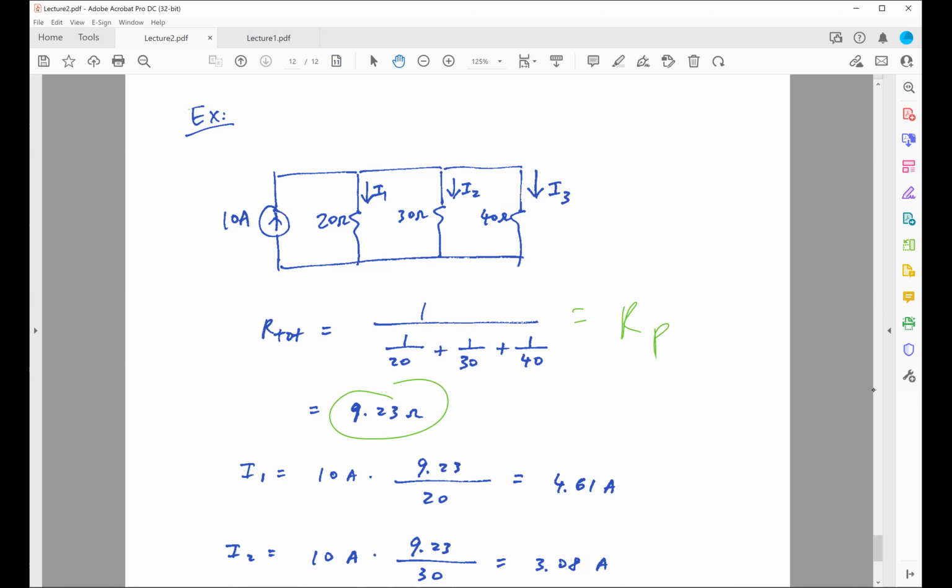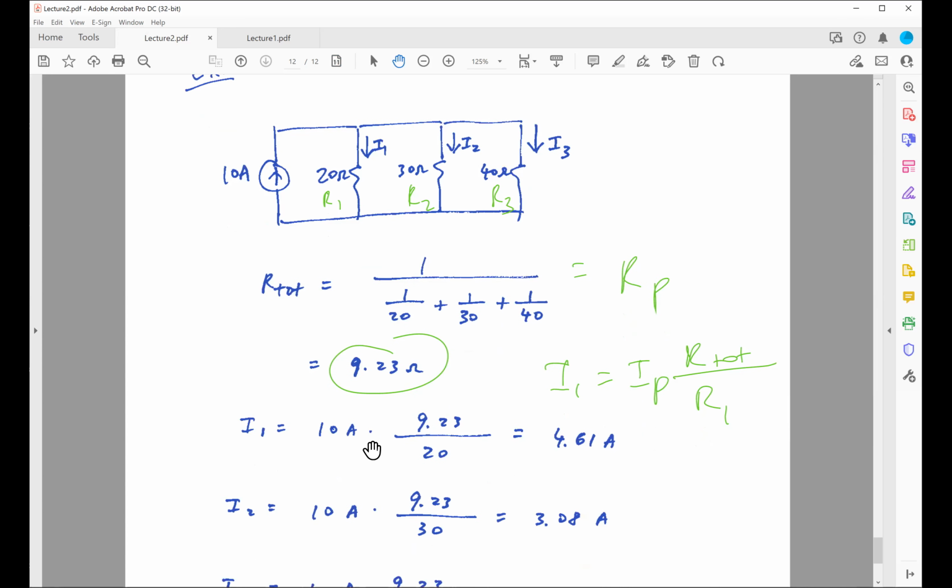And using the formula, I1 is going to be IP times R total on the top divided by the specific resistor, which I'm just going to call R1 here. If I call them R1, R2, and R3, so I have IP, which is 10, times R total, which is 9.2, divided by R1, which is 20. 10 times 9.2 divided by 20 gives you 4.6.